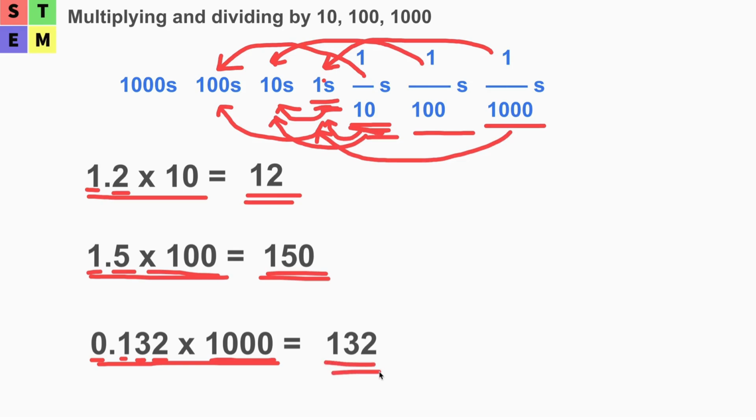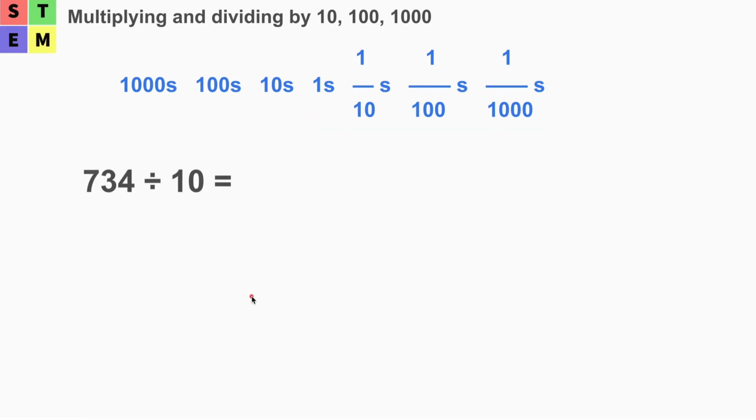Okay, so again, let's take a look at the division. So 734 divided by 10. Okay, we got 7 here, 100th place, 3 10th place, and 4 1st place. So divide by 10 means we're going to shift 1 place to the right.